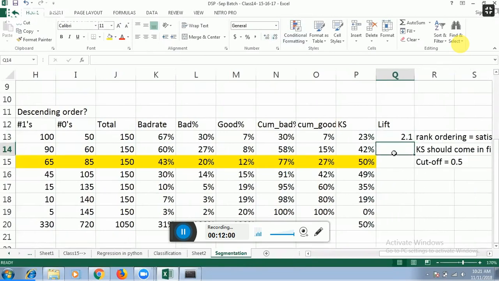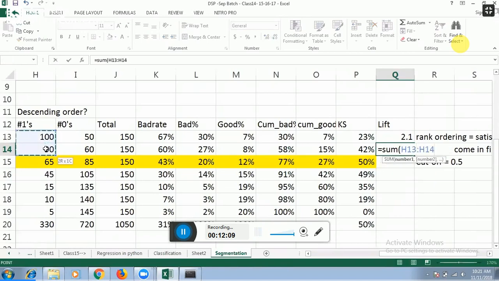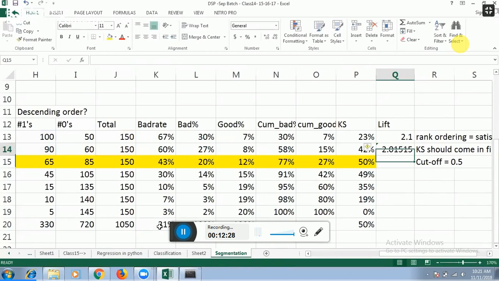And suppose if I take the lift for the first two deciles, how can we calculate? Sum of my ones divided by 300, that is my bad rate, divided by 31%. Correct? So this is my lift for the first two deciles.